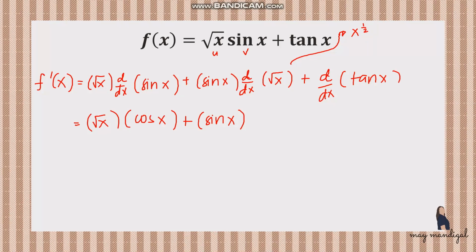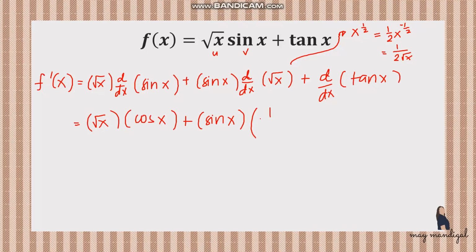And then we just have to apply the power rule here. So you multiply the exponent here in front. So you have a 1/2 x, and then you subtract 1 from the exponent. So it will be negative 1/2. And then to fix this, to make the exponent of x positive, you just have to put it in the denominator. So therefore, 1 over 2 square root of x is the derivative of square root of x.